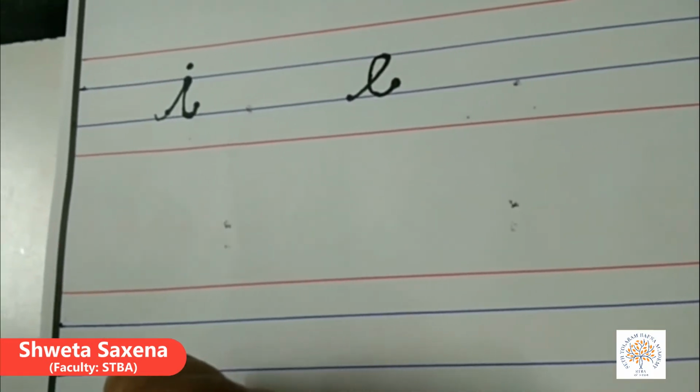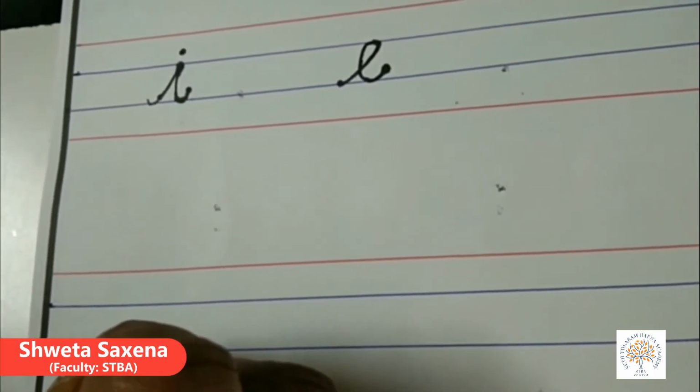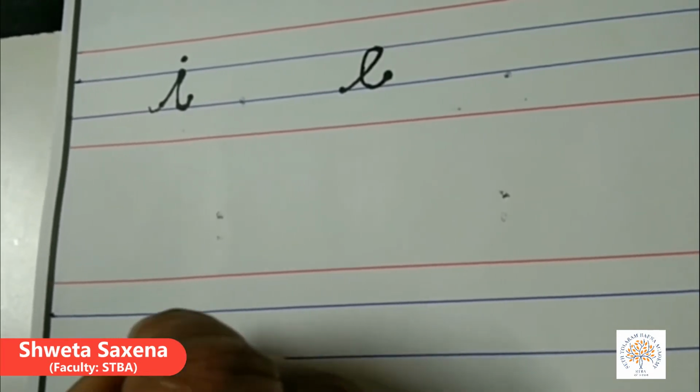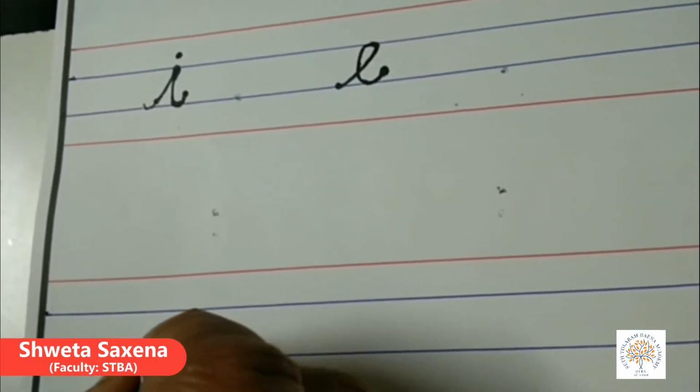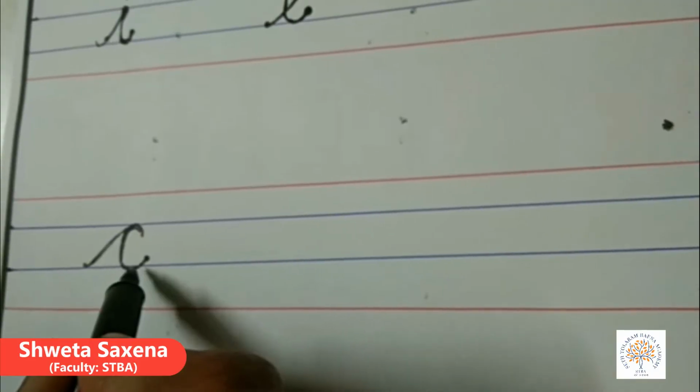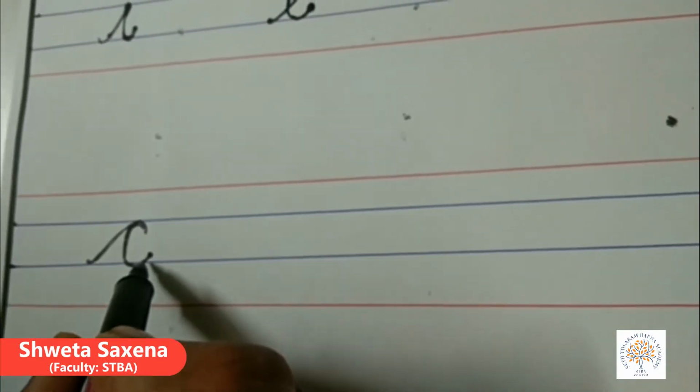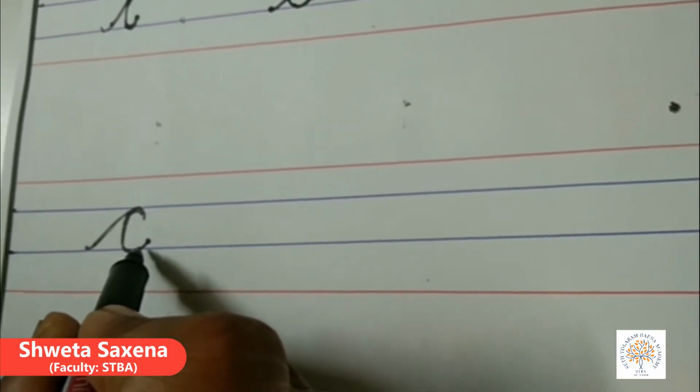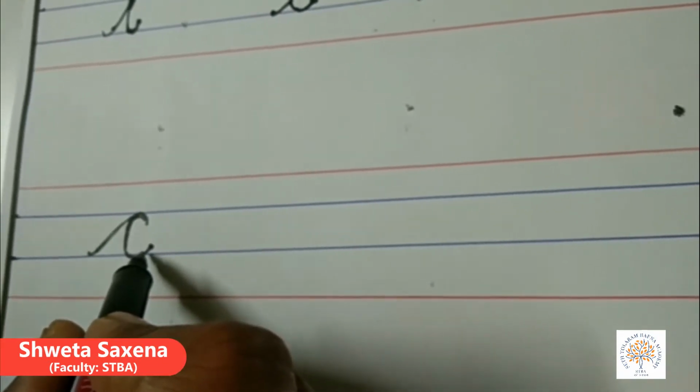Write one more time with me. Letter C. C for cat, C for cow.